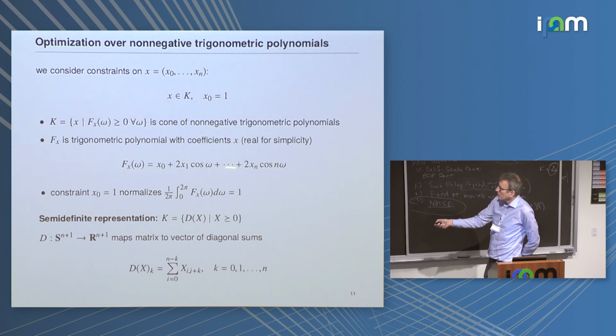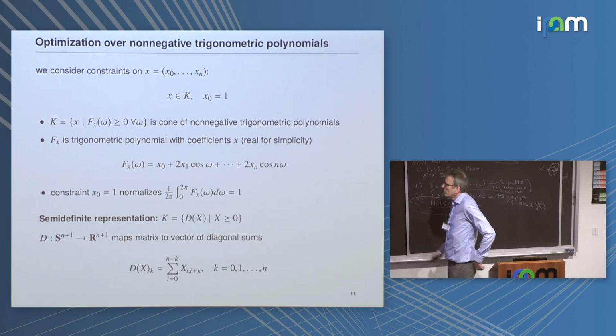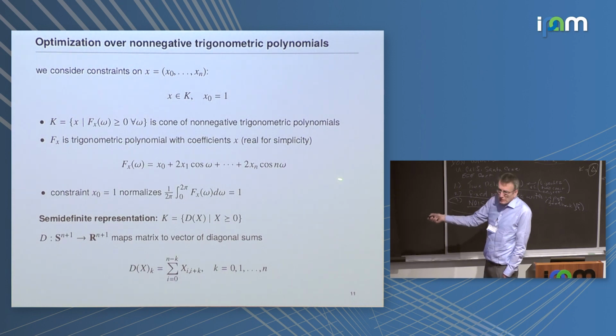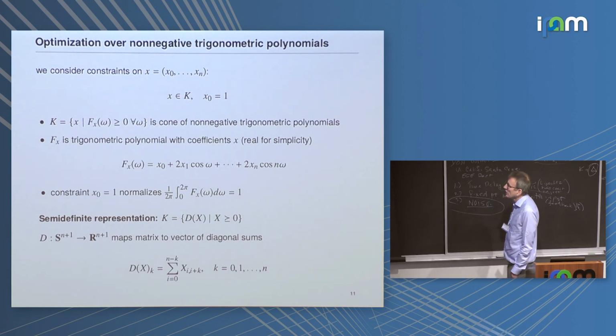But for simplicity, I'll take the coefficients to be real, so it's a cosine polynomial. If you take them to be complex, you also include sines. And the constraint is we define a cone K of coefficients of these cosine polynomials for which the polynomial is non-negative everywhere. That's a convex cone K.